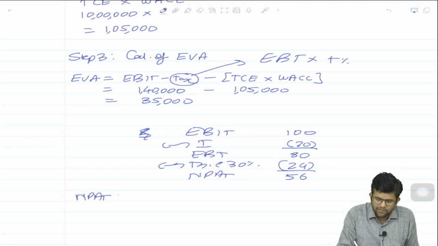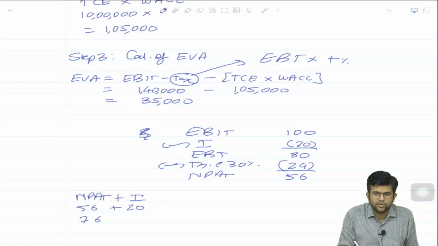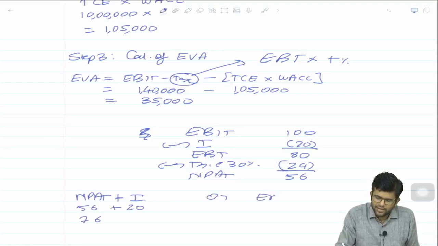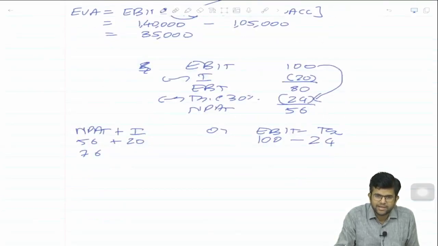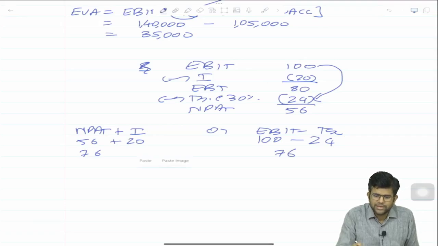You want before interest, so add back interest. 56 plus 20, 76 should have been the correct number. Or EBIT minus tax, 100 minus 24, will also give you the same number, 76. Everybody clear? So these two methods look better than doing something like EBIT 1 minus t.